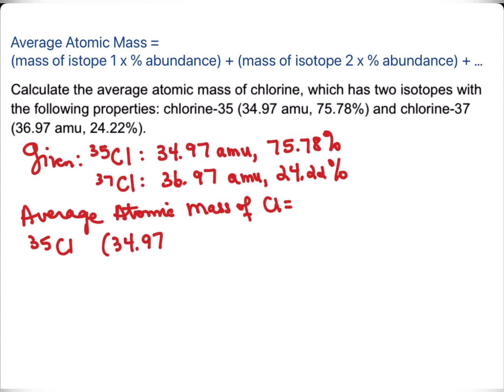Now, when we are going to multiply the percent, we can't technically multiply a number by a percent. We're going to have to convert the percentage to a number. So we're going to do that by dividing by 100 or just moving the decimal 2 places to the left.